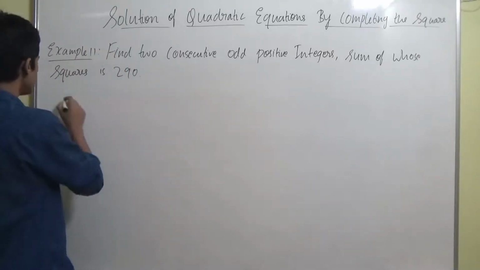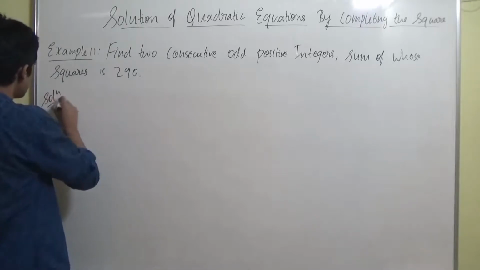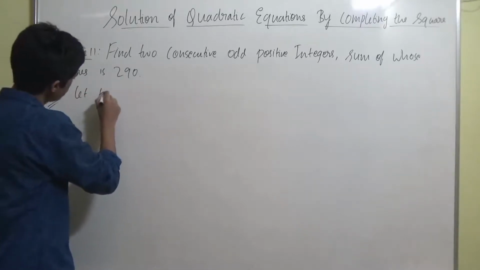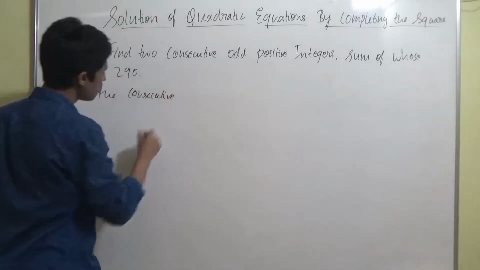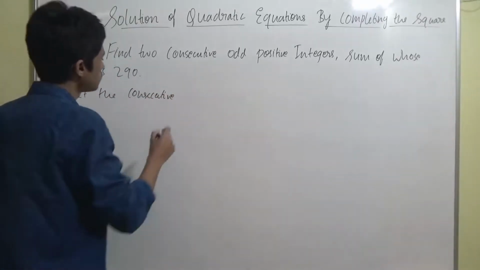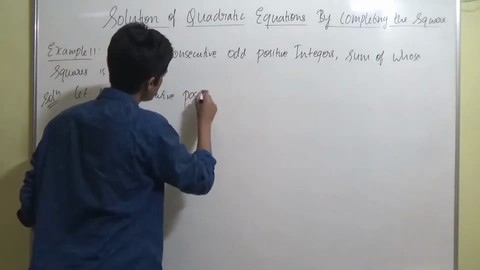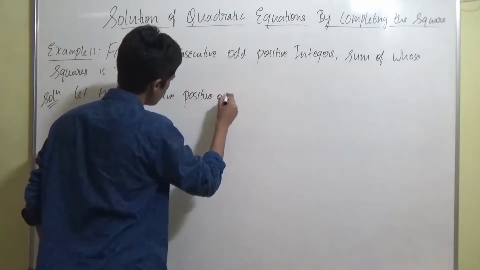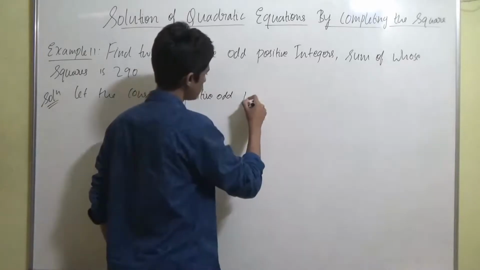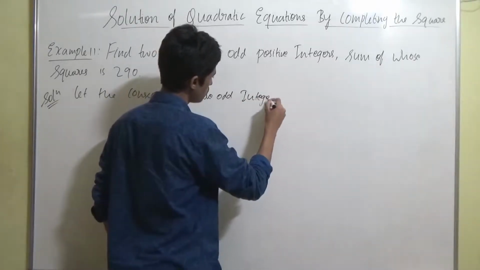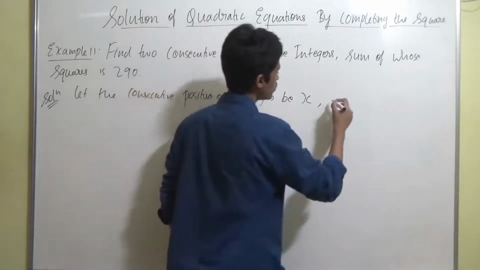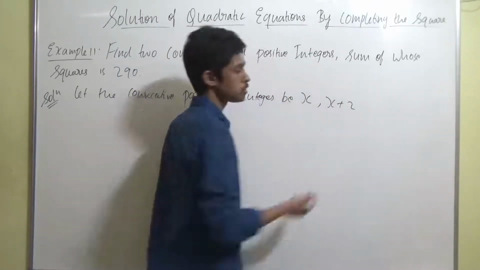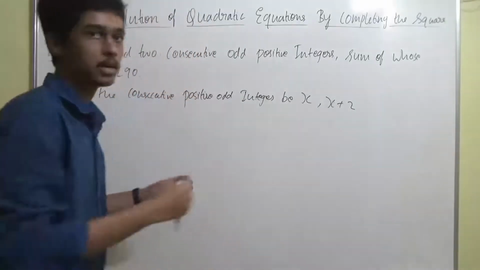First let's assume the consecutive positive odd integers be x and x plus 2, because if it is x plus 1 it will become even, right? There should be a difference of 2.